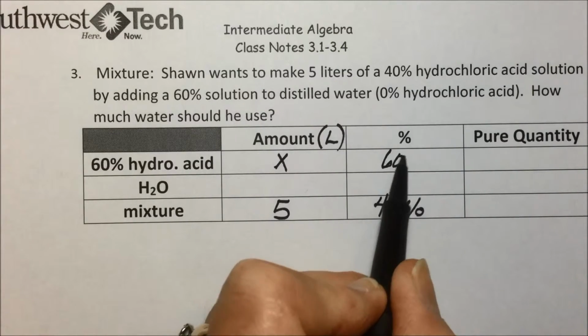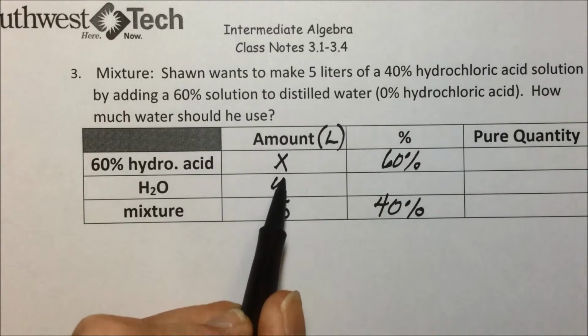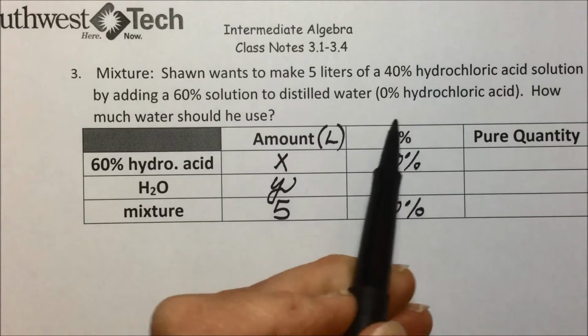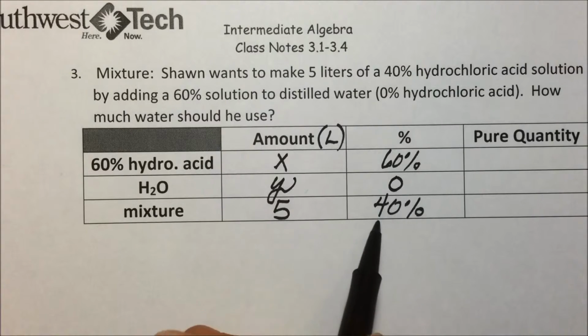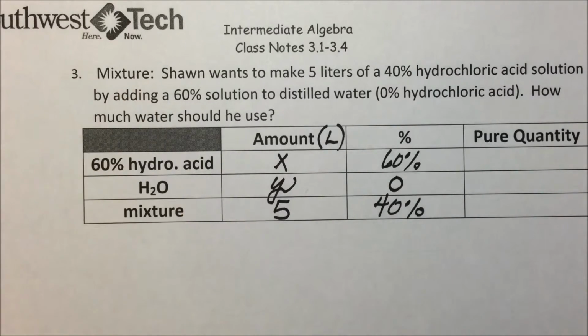It's 60%. To distilled water, again an unknown or undesignated amount, which the problem helps us out by telling us that it has no acid in it. And from here, we've filled in as much as we can with the information given in the problem.